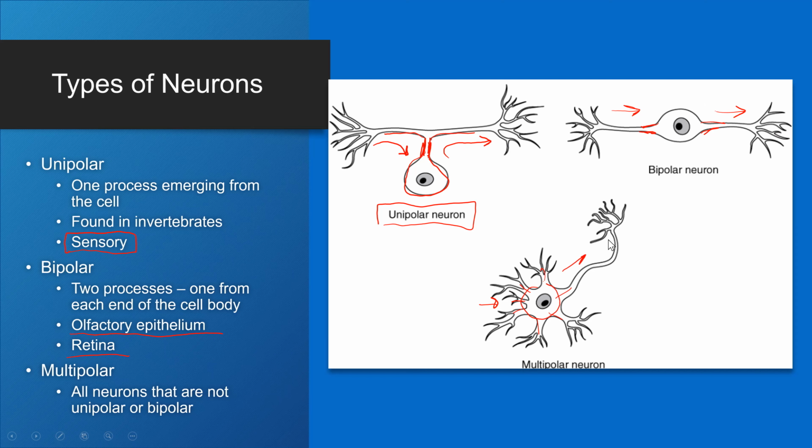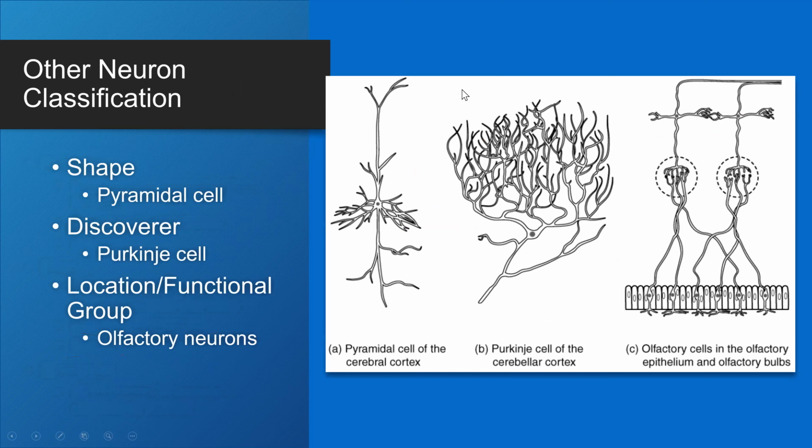So this is structural classification, based on structure. We can also classify neurons based on who discovered them, or based on their location or functional group, or by shapes other than multipolar. So this is multipolar neuron A, and this is multipolar neuron B, but they have special names, like pyramidal cells, based on their shape, found in the cerebral cortex, or Purkinje cells found in the cerebellar cortex.